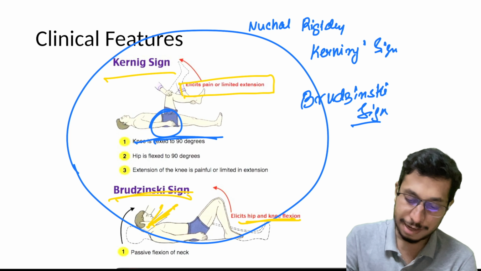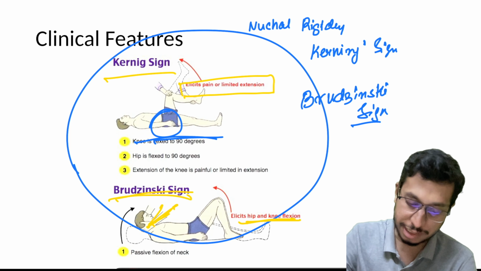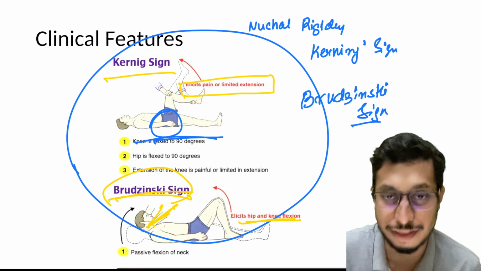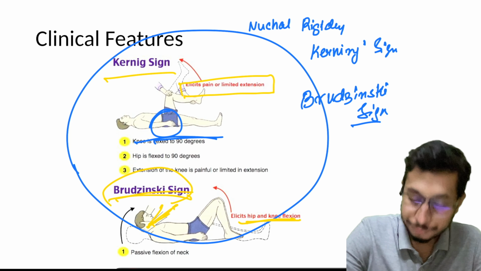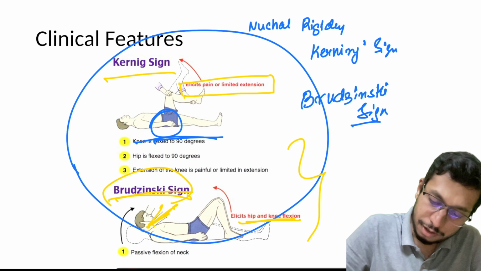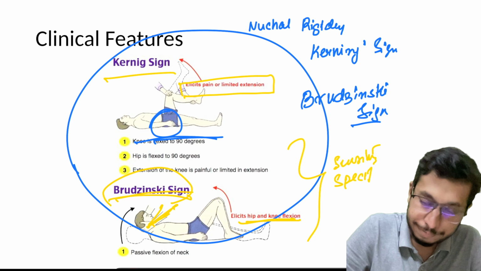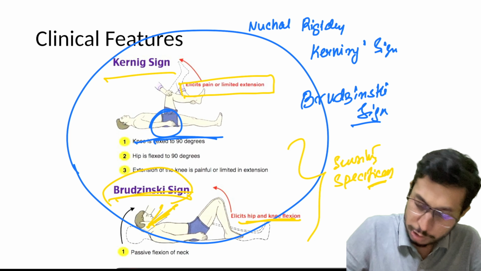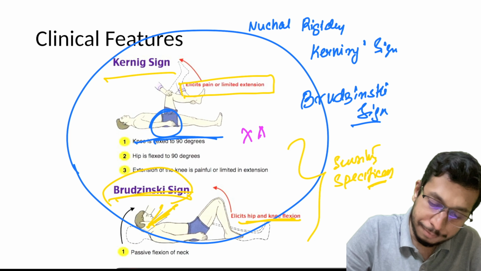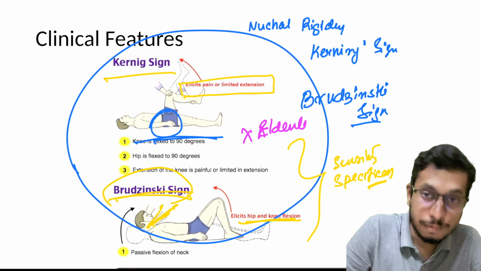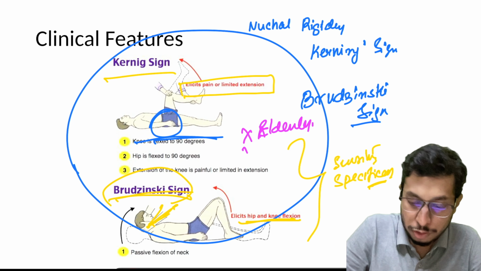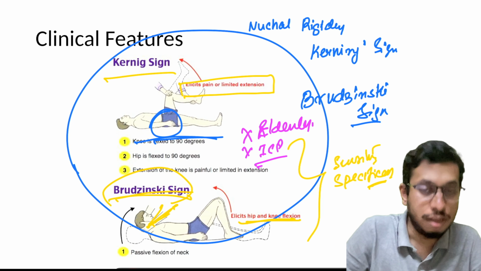Passive neck flexion resulting in hip and knee flexion is known as Brudzinski sign. Remember, these two signs, although studied a lot, have limited sensitivity and specificity because they can be absent in elderly and immunocompromised states. Okay, all right.